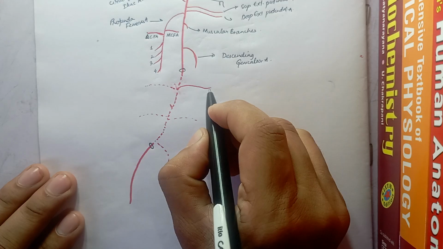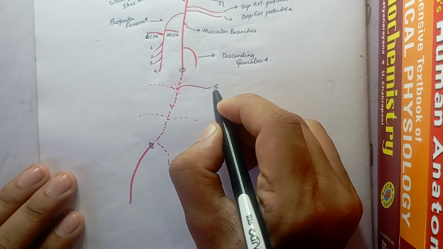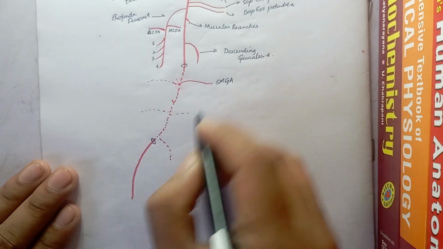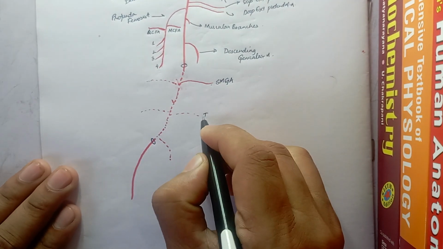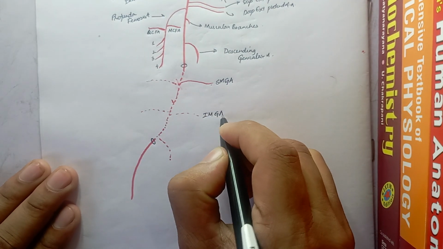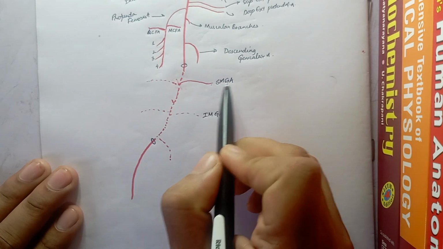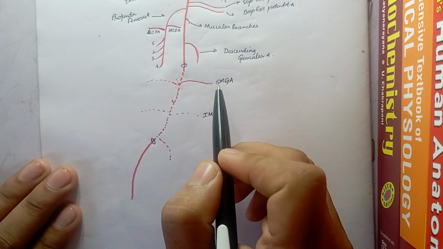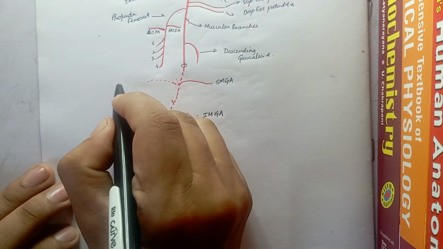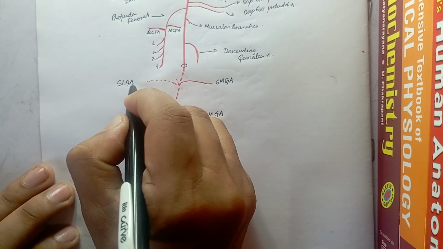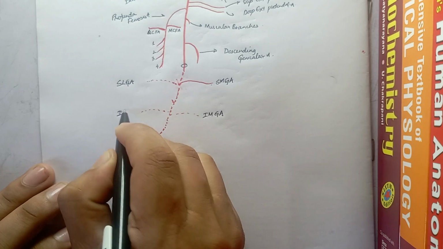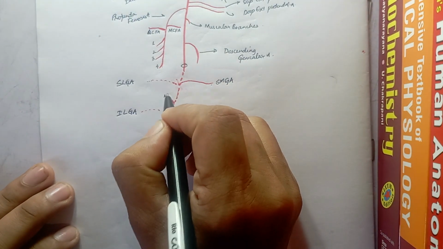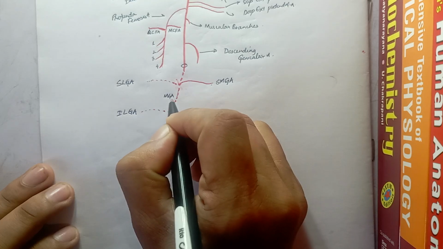This will form the superior medial genicular artery, and this one will be the inferior medial genicular artery. For your information, genicular or geni refers to the knee joint. And then this will be the superior lateral genicular artery, this the inferior lateral genicular artery, and this will be the medial genicular artery, the small branch you are seeing here.